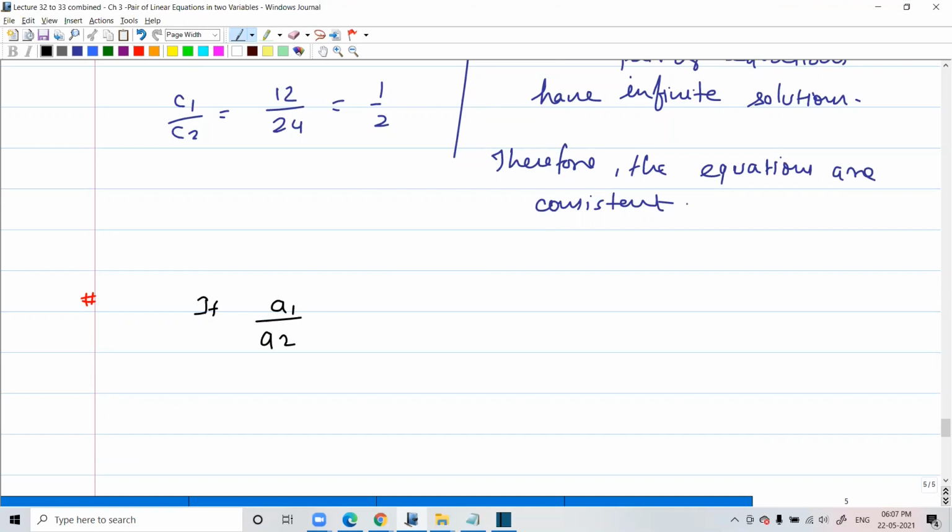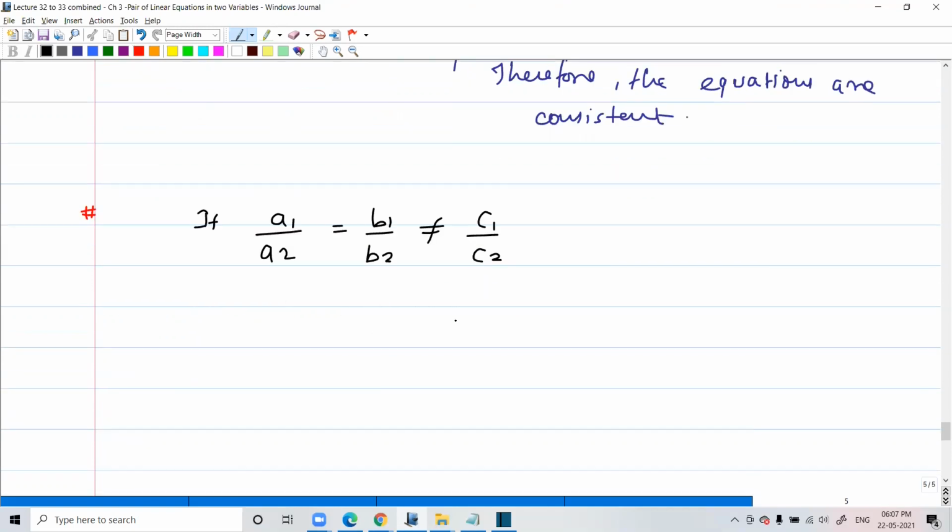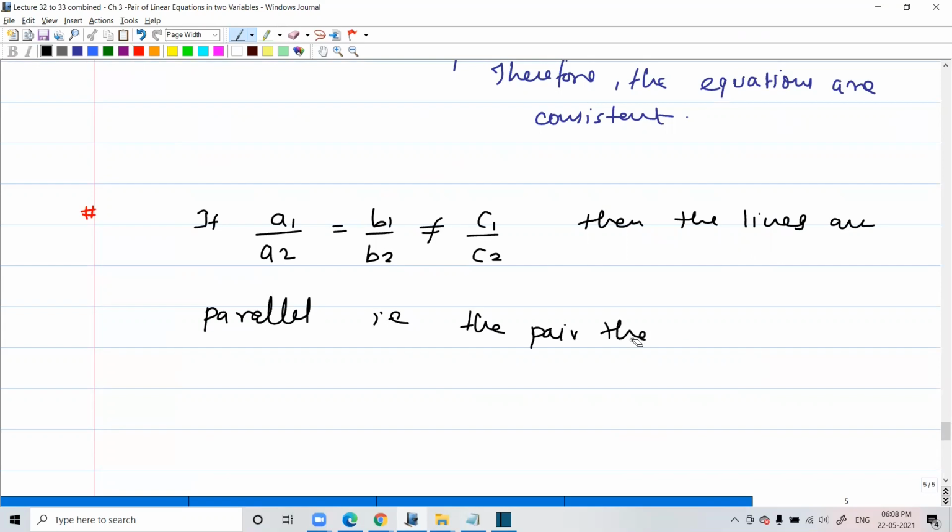A1 by A2 is equal to B1 by B2, but it is not equal to C1 by C2. The first two ratios will be equal, but the third one will not be equal. Then the lines are parallel. That is, the pair has no solution.